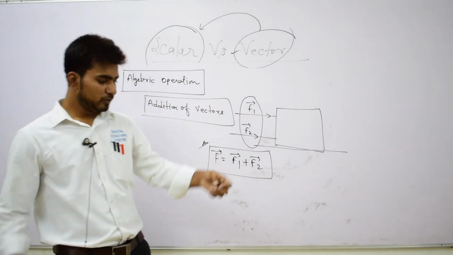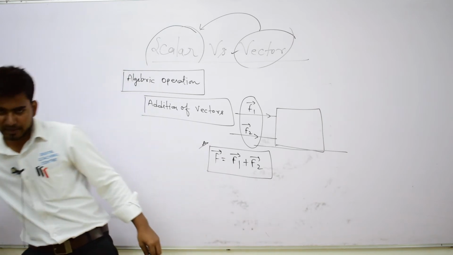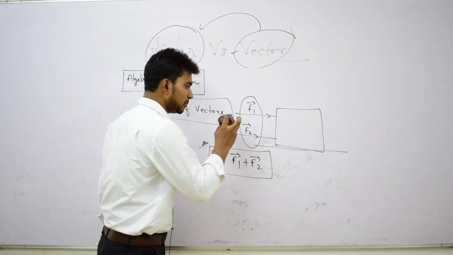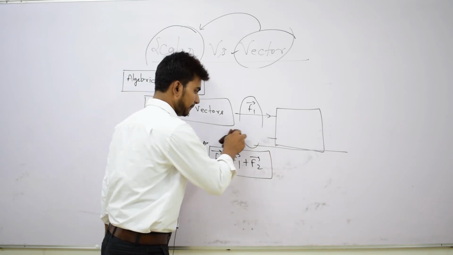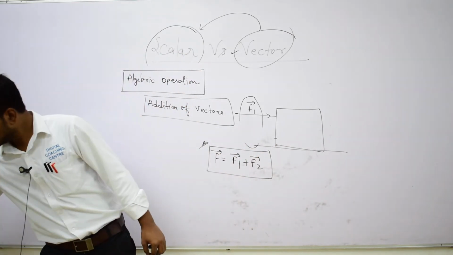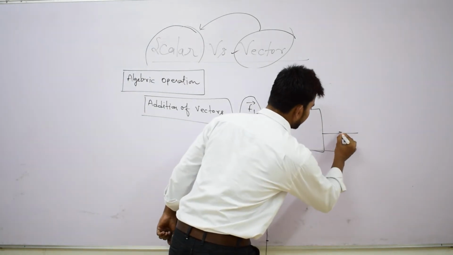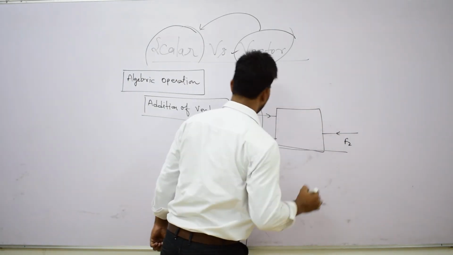Now I am taking the same example, but I am changing the direction. Let's suppose the same block is there, but this time I am changing the direction of F2. Let's suppose F2 is applied in the opposite direction of F1.